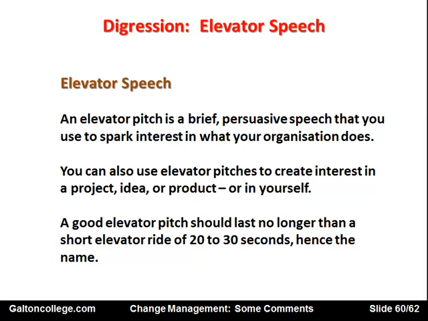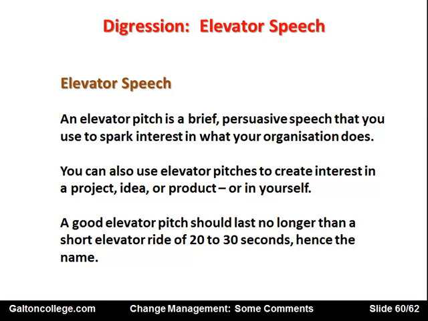It's a very short speech. It could be written. It could be a written document. But generally speaking, an elevator speech, it's delivered. It's spoken. You can also use elevator speeches to create interest in a project, an idea, or a product, or in yourself.